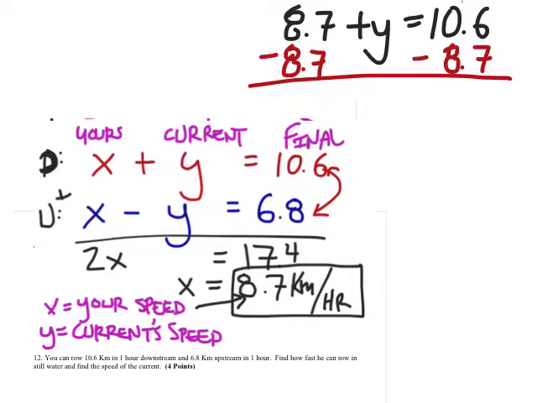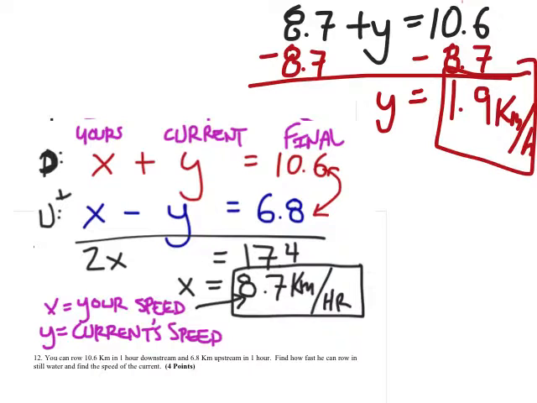And we'll find that it is 1.9 is what it looks like. I'm sorry, not negative. It's a positive 1.9. I apologize. So y equals 1.9, and that's in kilometers per hour. So that's the speed of the current.